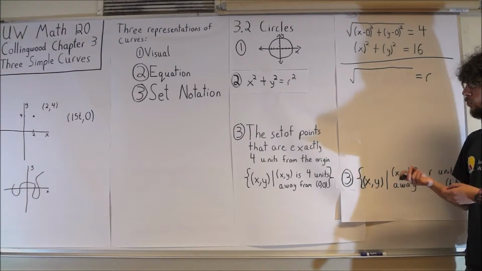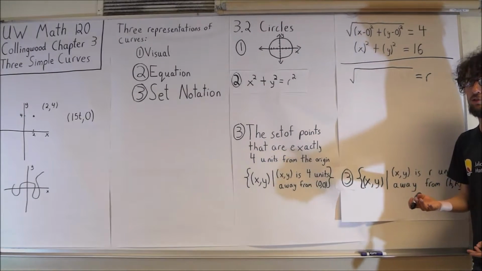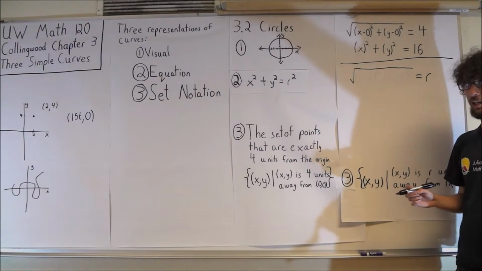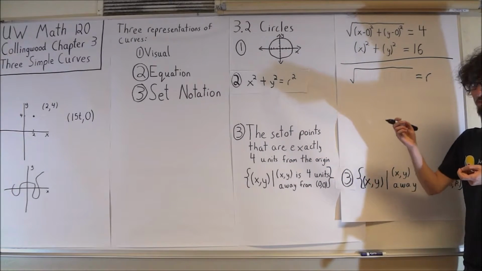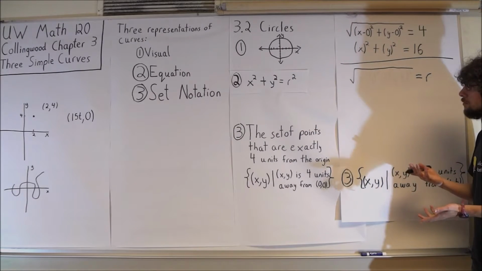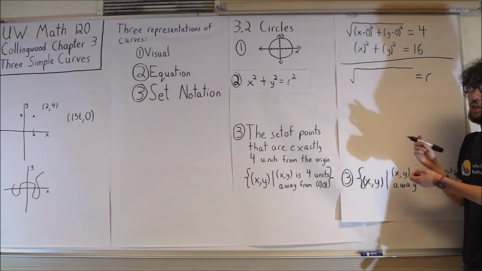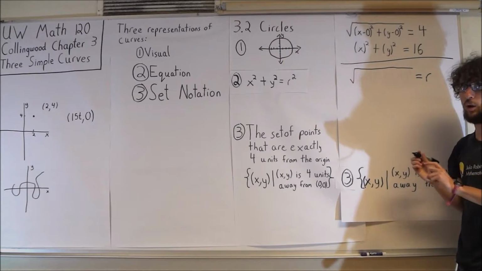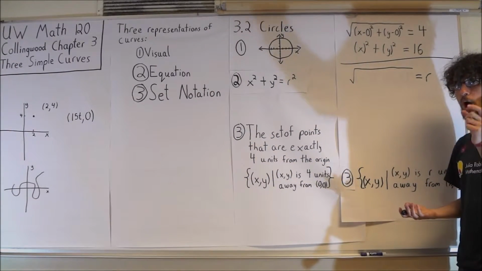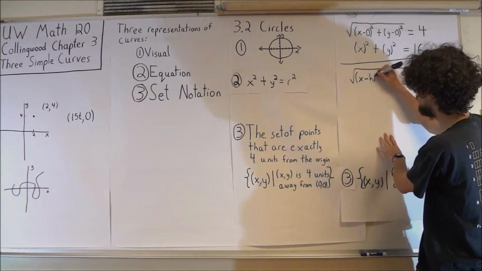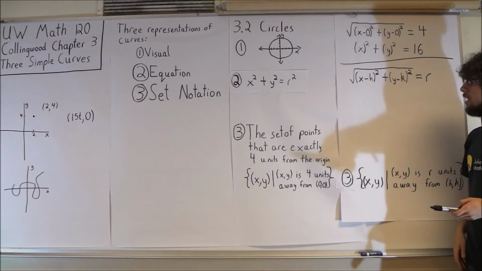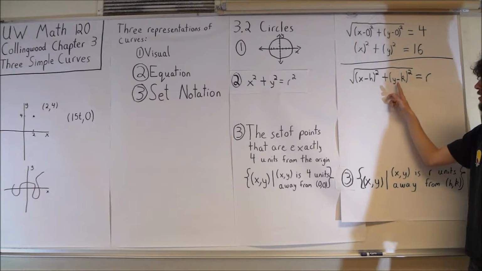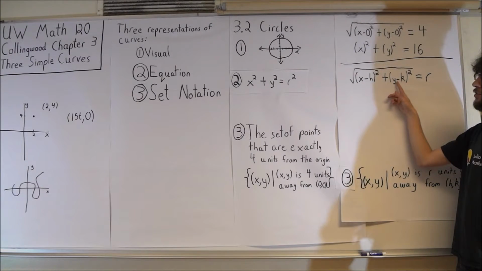So we can just visualize the right triangle on the coordinate system that we get by connecting (x, y) to (h, k). And we find that the hypotenuse of that right triangle is the square root of the distance between x and h squared plus the distance between y and k squared. This x minus h is the distance from h to x, and this y minus k is the distance from k to y.